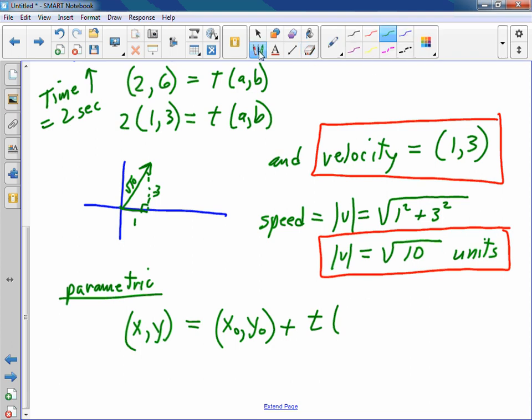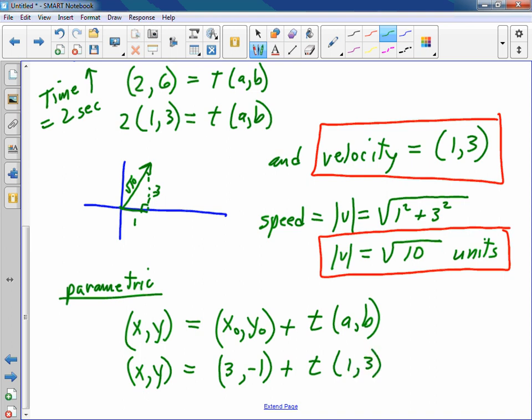Oh, I lost my good pen. That's a general form, and it's in the book. Okay, in our case, we know that (x, y) equals (x sub 0, y sub 0), that was (3, -1), plus t times (1, 3). (1, 3) is our velocity.